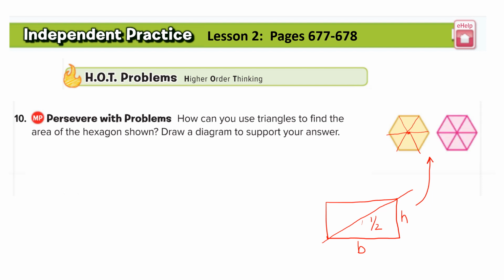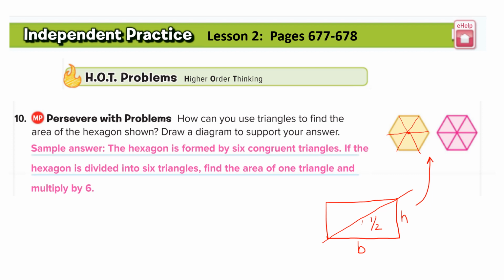So it would look like that. The sample answer is, the hexagon is formed by 6 congruent triangles. Congruent means that they are the same size and the same shape. If the hexagon is divided into 6 triangles, find the area of one triangle and multiply by 6.